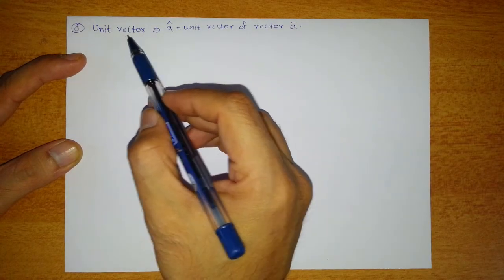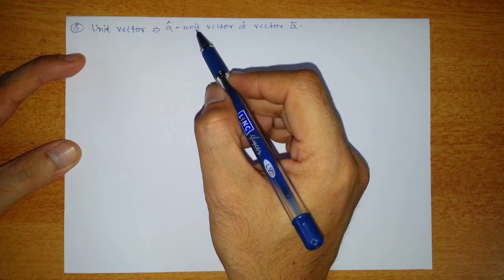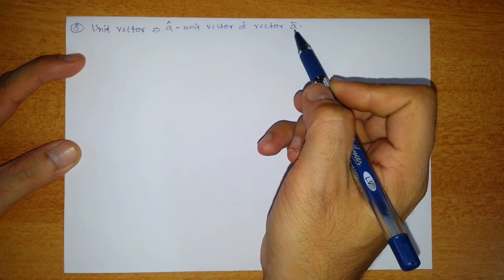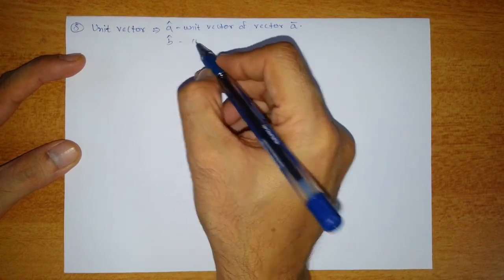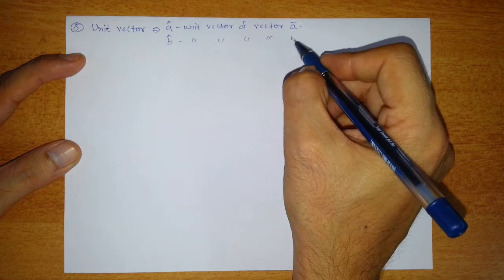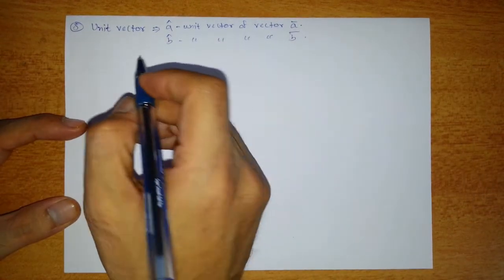We'll be discussing unit vectors. A cap is read as the unit vector of vector a. So again, if I write b cap, this will be the unit vector of vector b. So how do we get a unit vector?